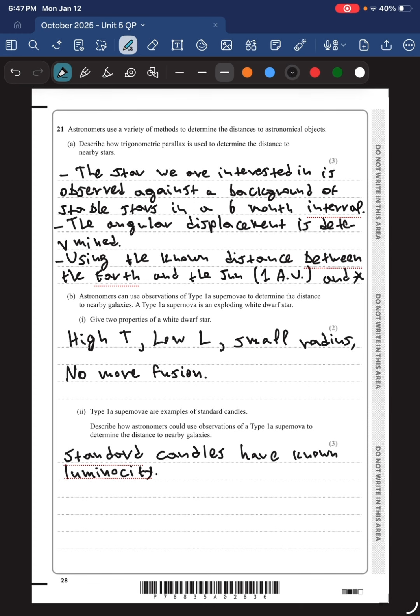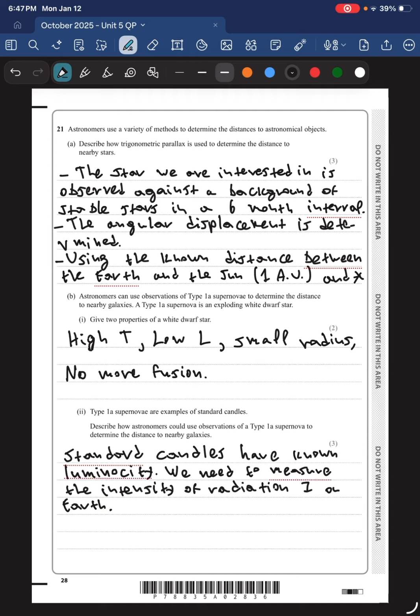Okay, so we need to measure the intensity of radiation I on Earth.